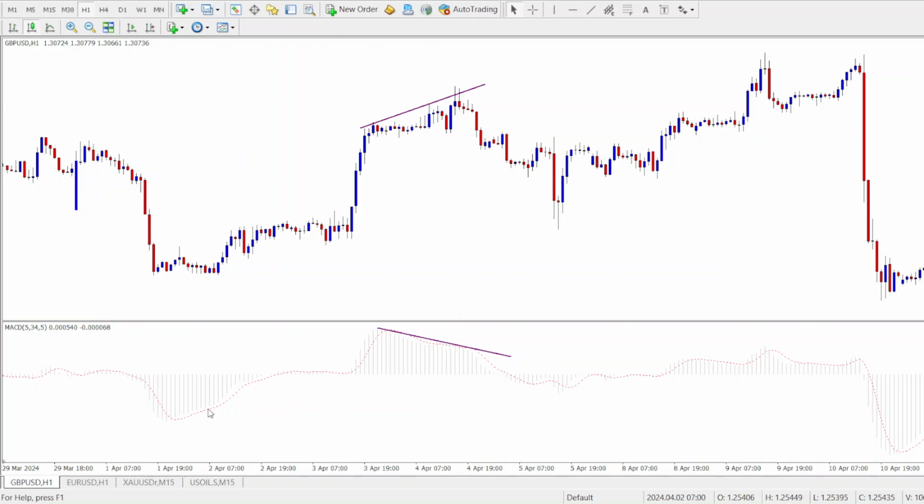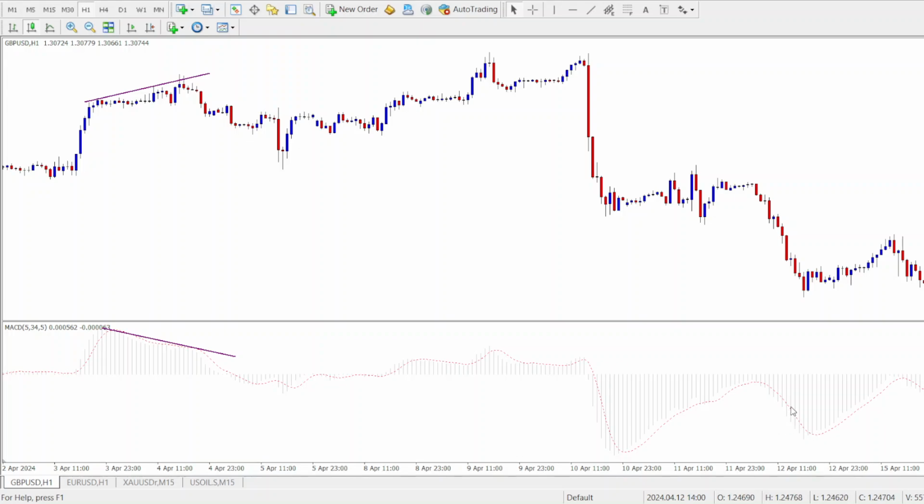You will not be looking for highs below the zero line, obviously. So the lower highs or the higher highs should be above the zero line. But when you are looking for lows, then lows would be below the zero line. Highs are above the zero line, lows are below the zero line.